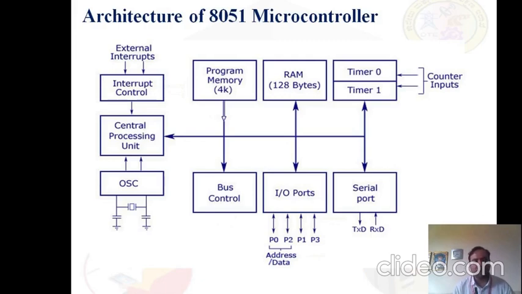Later we have a very important block, that is central processing unit, which you can say it is a hard part of the 8051 microcontroller. Then we have a oscillator block which supply the clock cycle to the central processing unit. Then we have a interrupt controller block which receives the interrupt from external.